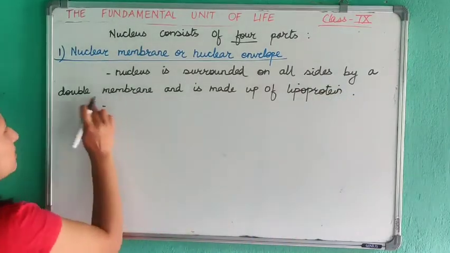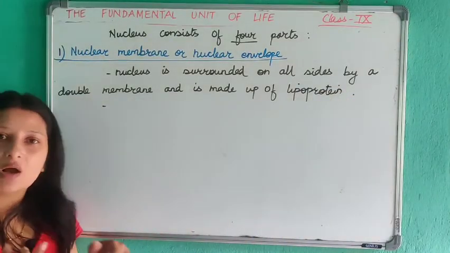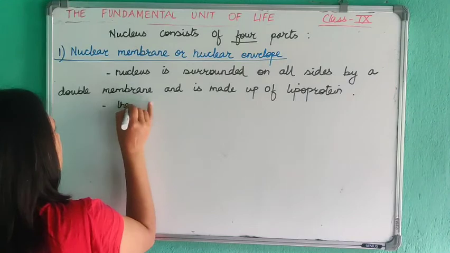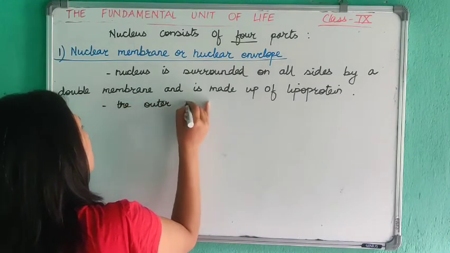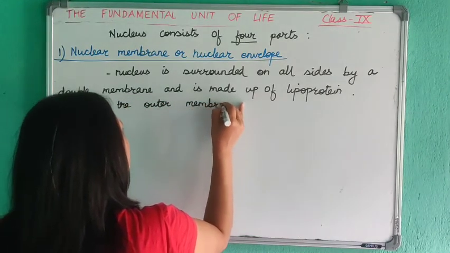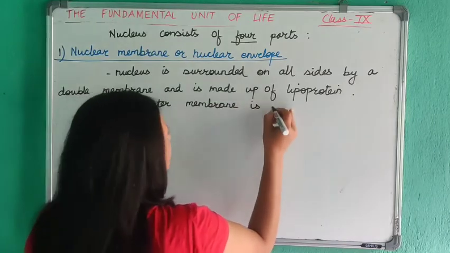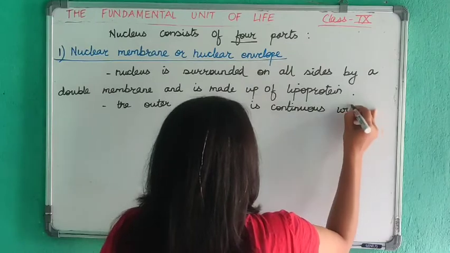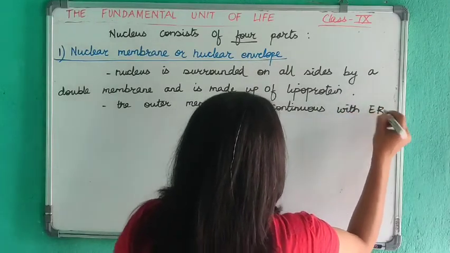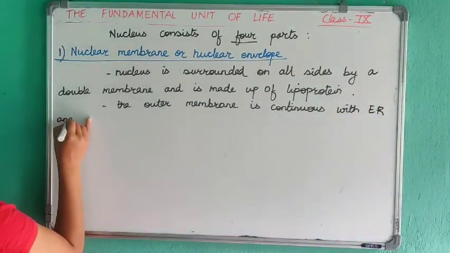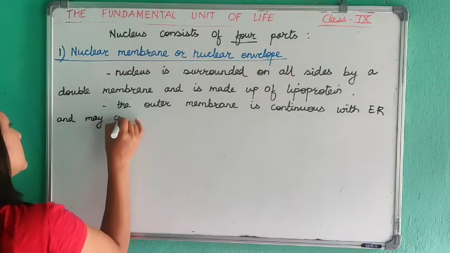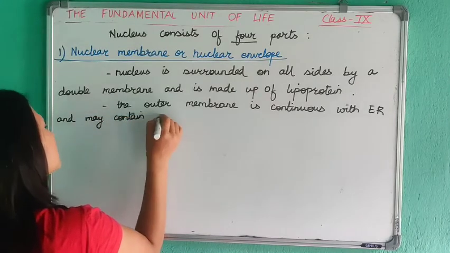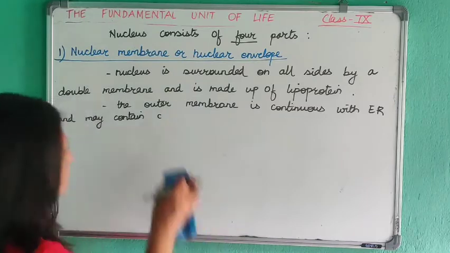The double membrane हुन्छ भने inner membrane र outer membrane हुन्छ. The outer membrane is continuous with endoplasmic reticulum and may contain ribosomes attached to its surface.